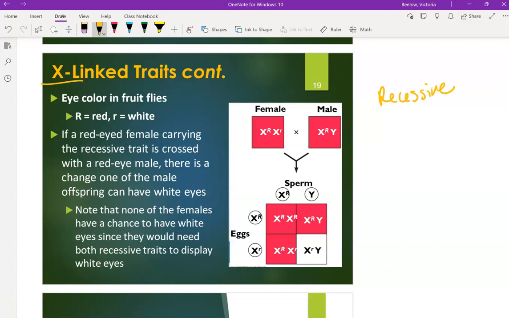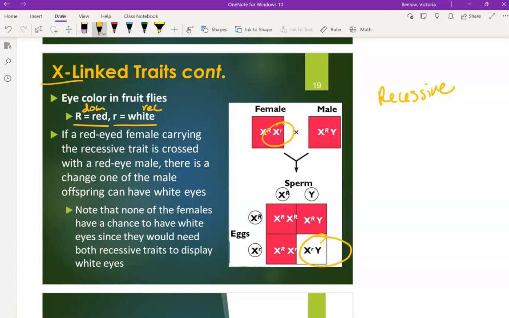Capital R is the dominant trait for red, and lowercase r is the recessive trait for white. So this is how 2 flies that both have red eyes can have an offspring that displays the recessive trait, and that's usually if the female is what we call a carrier.